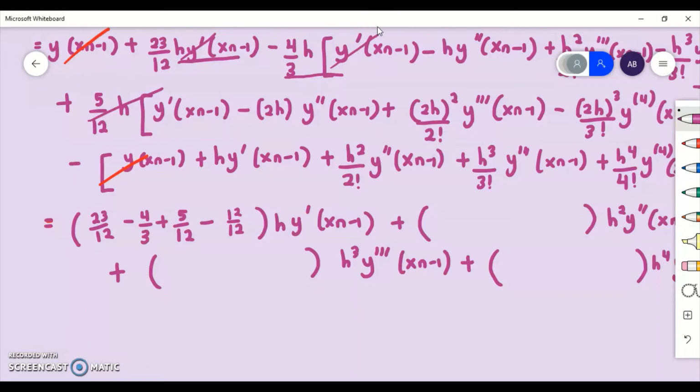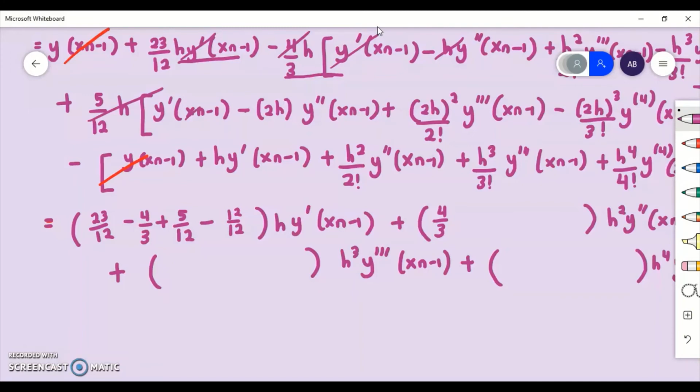And the second term involves h squared. h times h is h squared y double prime. So I have positive 4 over 3. This term cancels out, and this term here already cancels out.